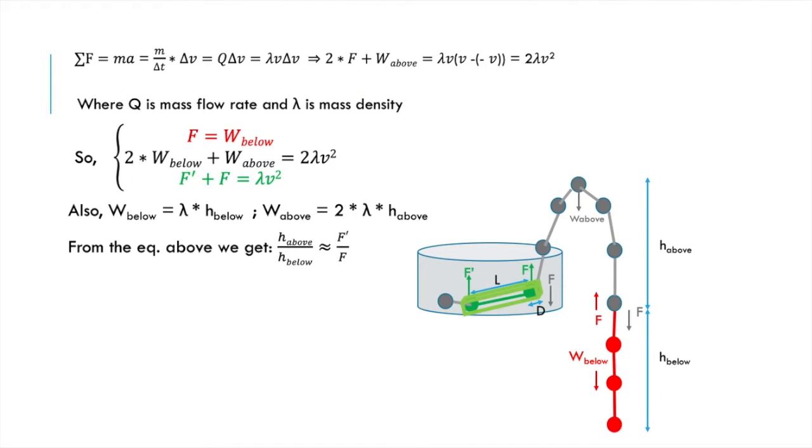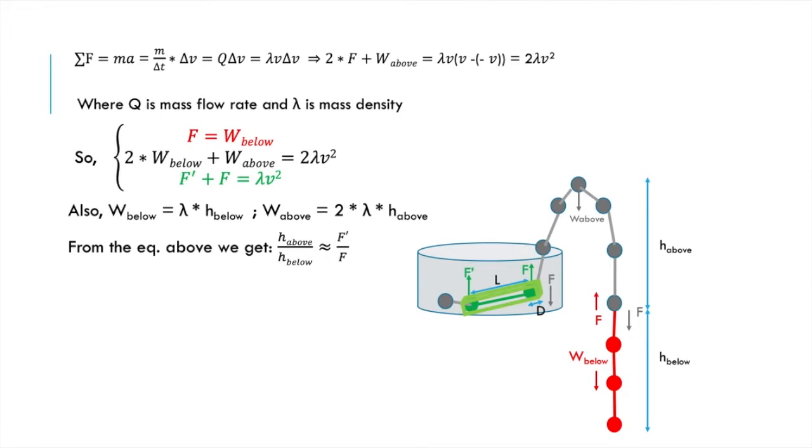Now we can set three equations for these three parts. For the red part, since all the balls move with the same velocity, it is at static equilibrium. For the gray part, it is subject to three forces: F downward from its two ends and W above at the center. From Newton's second law, we can derive the relation between mass density and force.